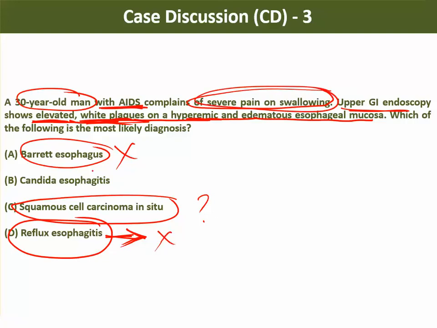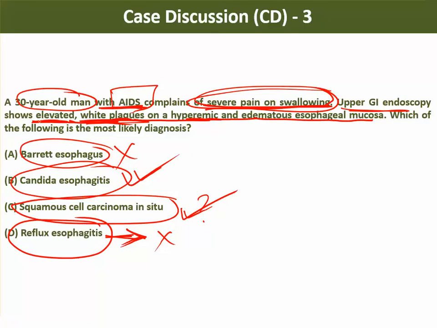Now the only confusion is between Candida esophagitis and squamous cell carcinoma. So it is an AIDS patient, an immunocompromised patient. Even in an immunocompromised patient you can get squamous cell carcinoma, and you can also get Candida infection. Pain during swallowing can be seen in squamous cell carcinoma as well as candidal esophagitis.